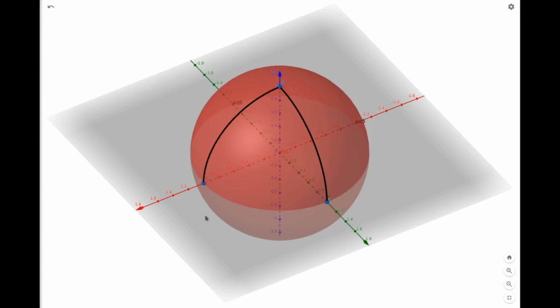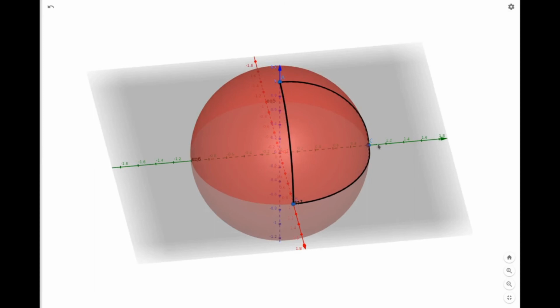As you can see, the pi by 2 rotation of the first point is a positive or negative of the second point. That is, a pi by 2 rotation, which will be like this, will be a positive or negative of this point.